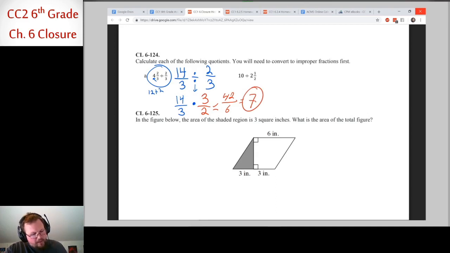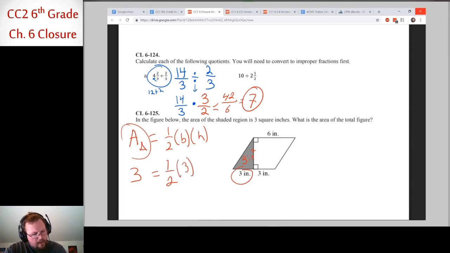On 125, they tell you this area is 3 inches squared, or 3 square inches. It means that from my area of a triangle formula, I had 1/2 the base times the height. I know they told me the area was 3, which is 1/2 of the 3 inches on the base that they told me, and then some unknown height here.